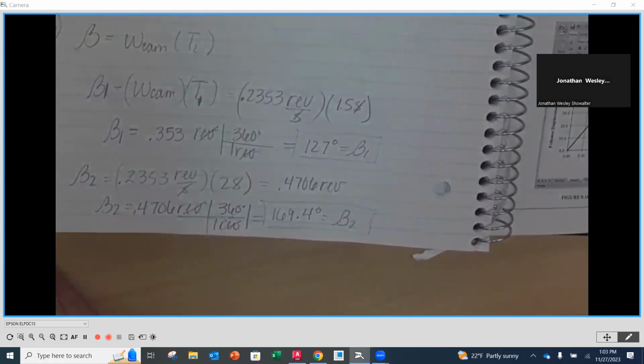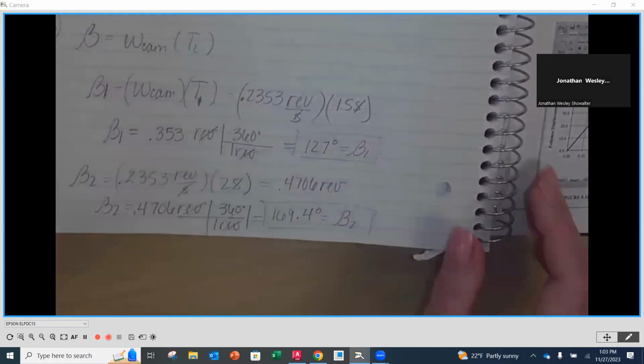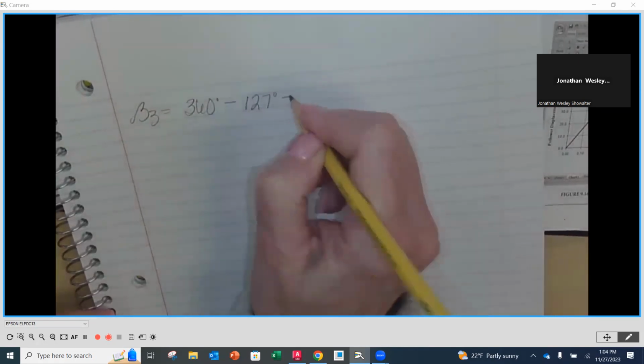So now as we look at these two, we take 127 and add that, we're at 296.42 degrees. You could simply take 360 minus those two numbers, or you could calculate the third one. It's totally up to you. I think either one is valid because the dwell is going to be on the rest of it. So I'm going to say beta 3 is going to be equal to 360 degrees minus 127 minus 169.4.